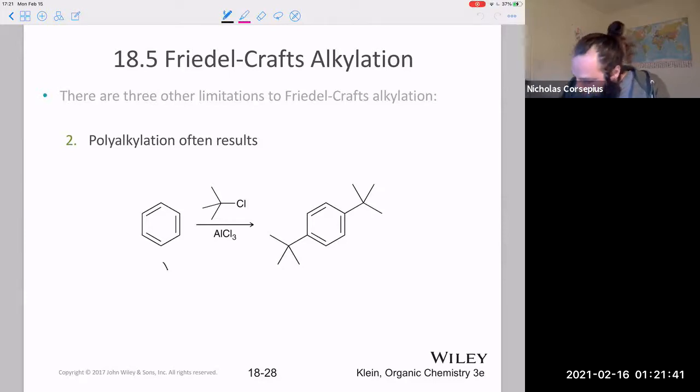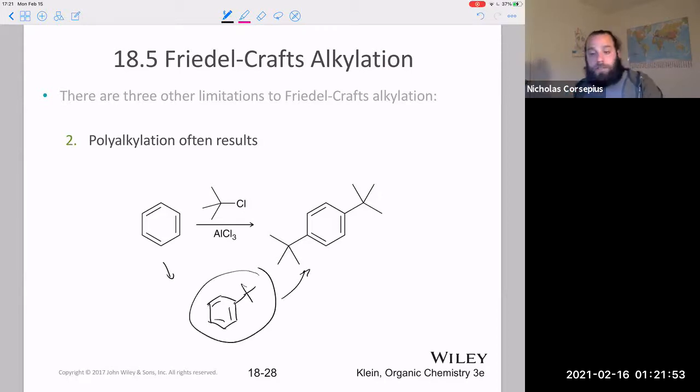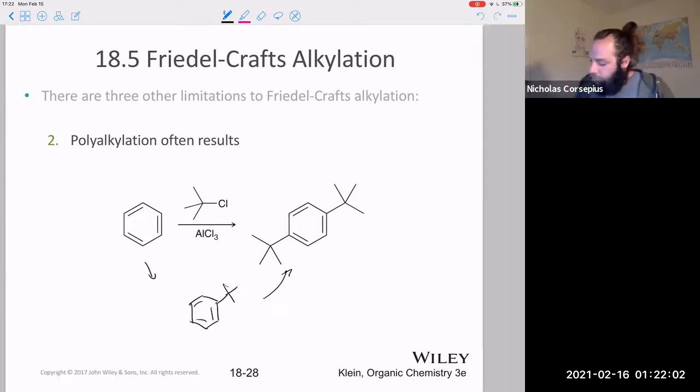The reason is because after the first step, right? So in this case, I have this monoalkylated product. Turns out that this species is actually a little bit more reactive in these reactions than the benzene itself. So that's why you have this polyalkylation product that we have to keep in mind.